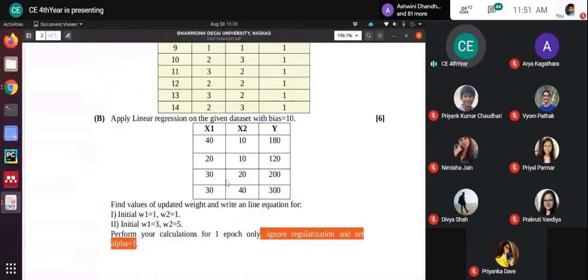But for that you have to mention that this is the alpha value that you have chosen. It's fine if you haven't chosen alpha equals 1, or if you haven't chosen alpha equals 0.5 as per the instruction in the classroom. You can have any alpha value. Ultimately it's a hyperparameter, so it's fine if you choose the hyperparameter, but accordingly your answer should be correct.